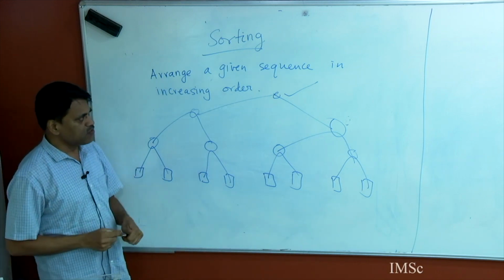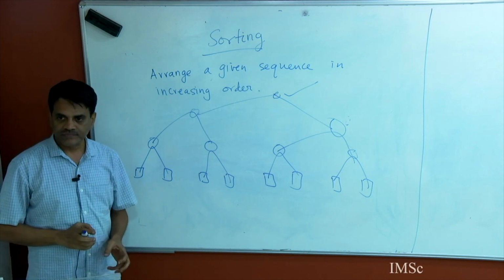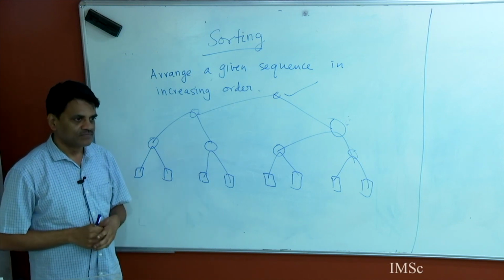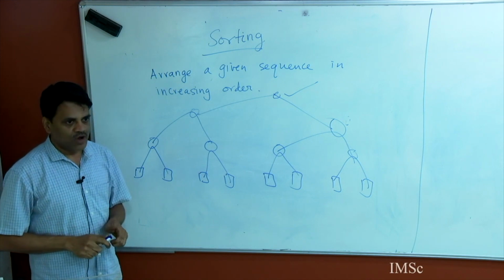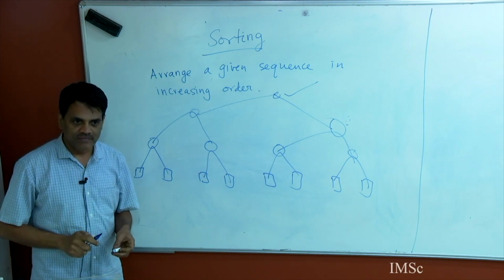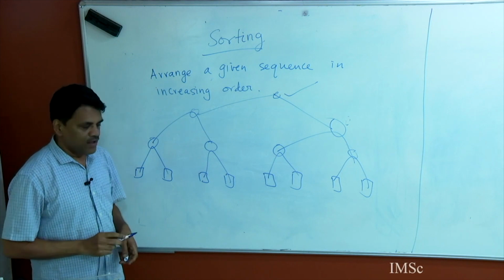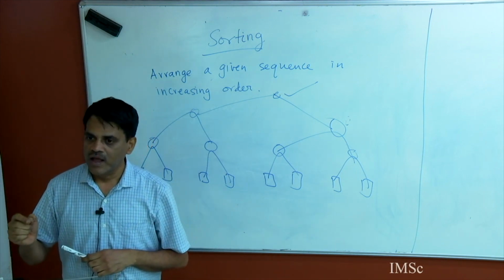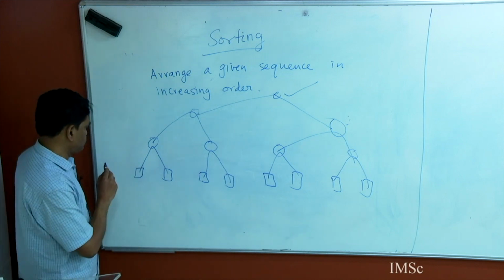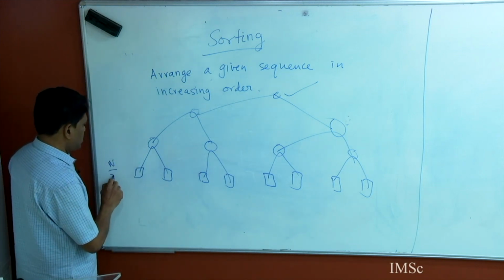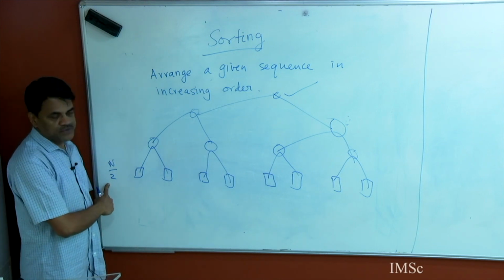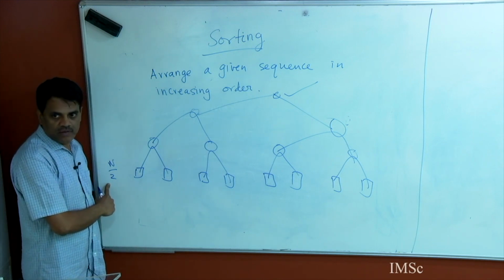How many comparisons have we spent? So how many comparisons totally? How many comparisons in the first round? n/2, right? Because there are n players and I paired them up, so I got n/2 games.